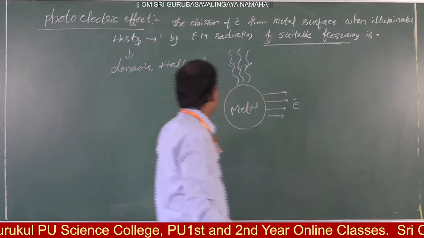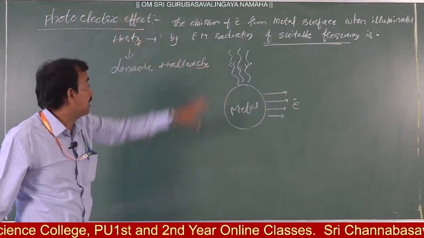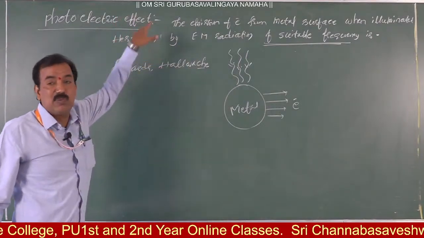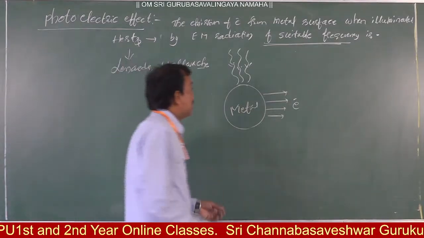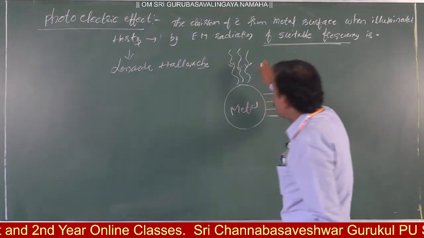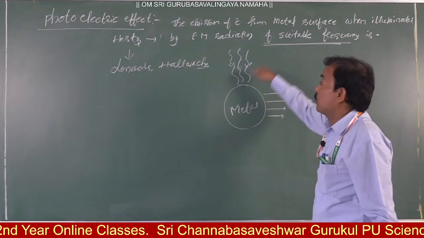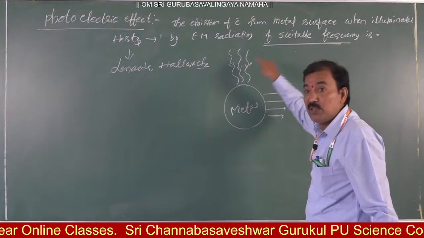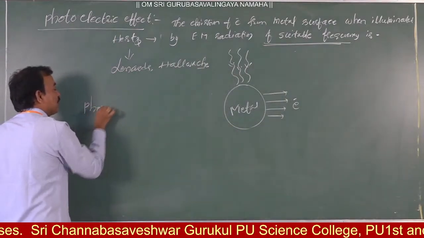It was discovered first, and after that Lenard and Hallwachs did some experiments. Suppose a current passes in an external circuit due to light of suitable frequency incident on this cathode.